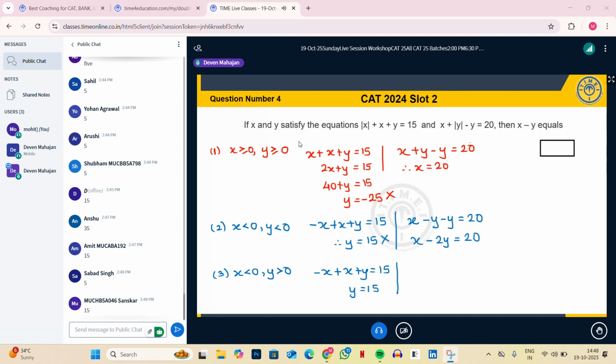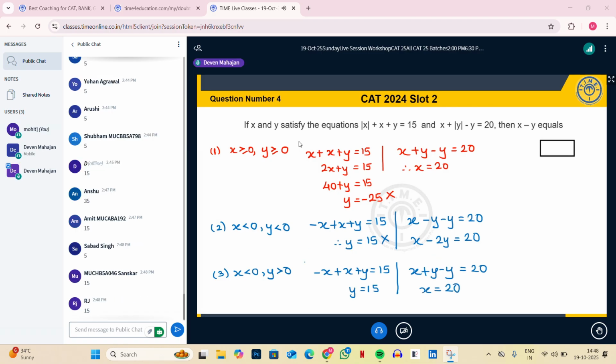And our second equation will be, y पॉजिटिव होने की वजह से mod y will be simply y, minus y equal to 20. This will give us x as 20. बट हमने तो अज्यूम किया x is negative. यहाँ पे x 20 आया तो this does not work out. Okay? So ये सारे केसेस गलत है.